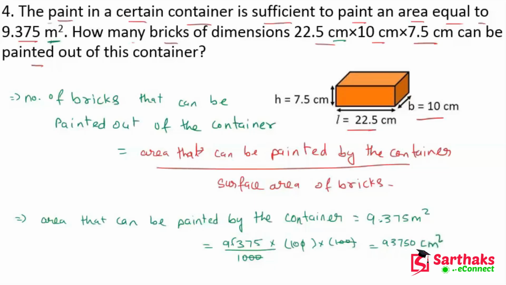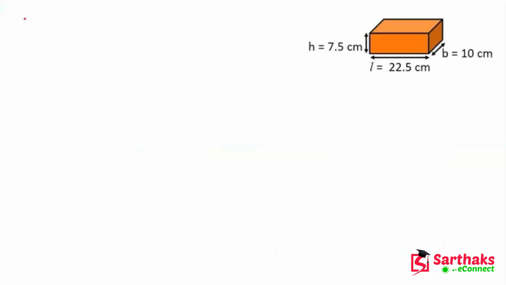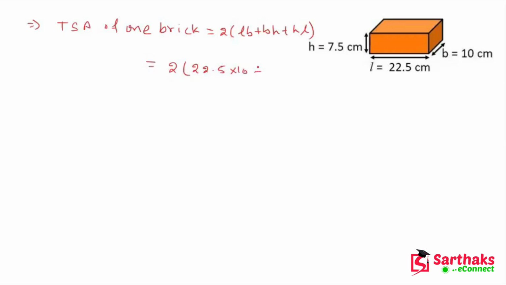Now we know that the TSA of one brick, the total surface area of one brick, is equal to 2 into (LB plus BH plus HL). So this will become 2 into (22.5 into 10 plus 10 into 7.5 plus 7.5 into 22.5).